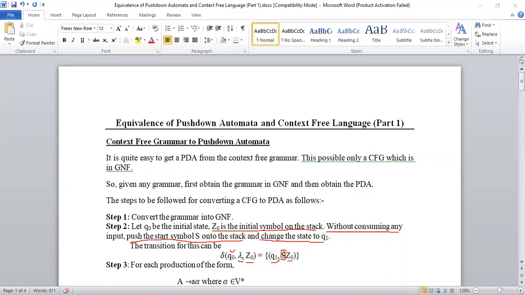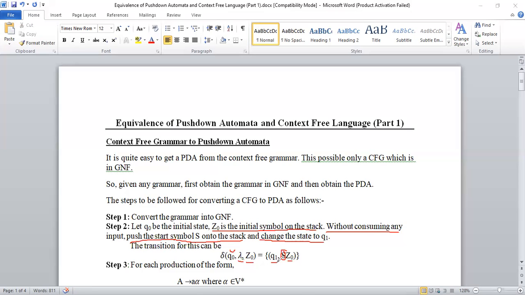The step 2 point, that is, let Q0. So the transition function delta of Q0, without consuming any input, that is null, comma Z0, the initial symbol on the stack. So delta(Q0, lambda, Z0) is equal to pushing the start symbol onto the stack.